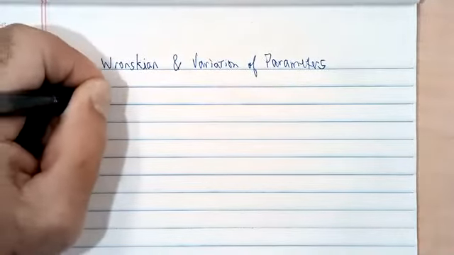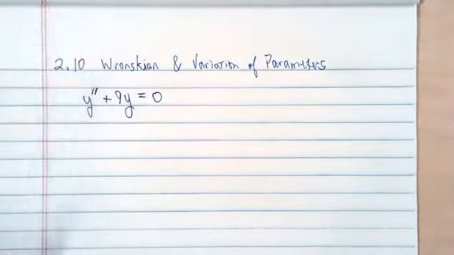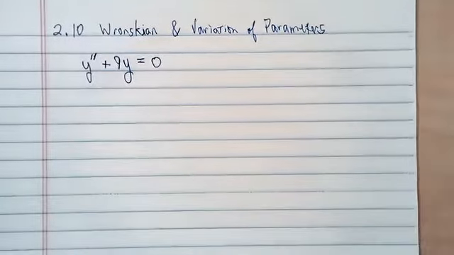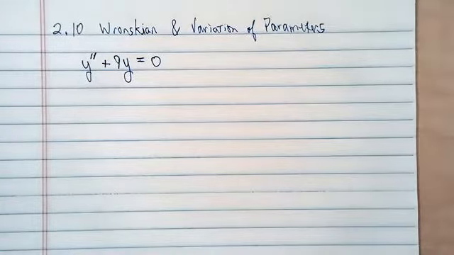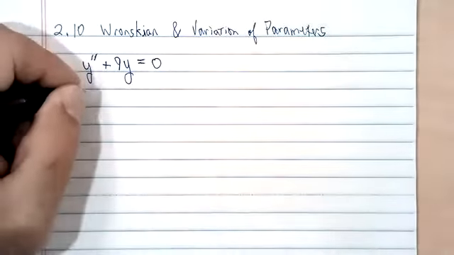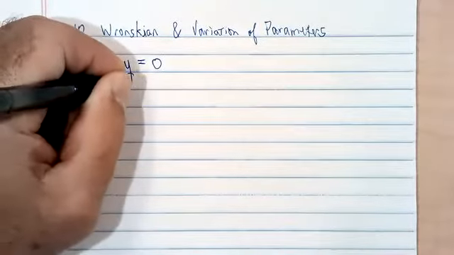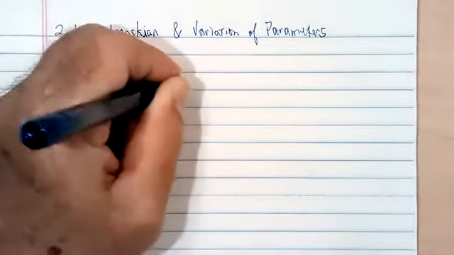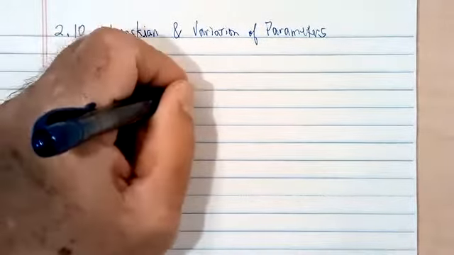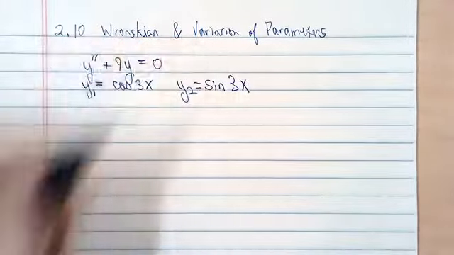But let me give an example here, and I can at least show you what the Wronskian is, and hopefully convince you that the claims about it are true. So we're going to start with a differential equation, and I chose one that's simple enough that I can simply write down the answers. y1 equals cosine of 3x and y2 equals sine of 3x are two solutions.